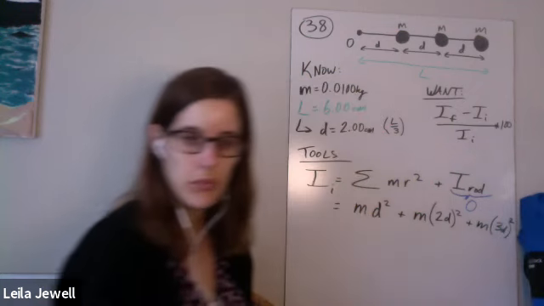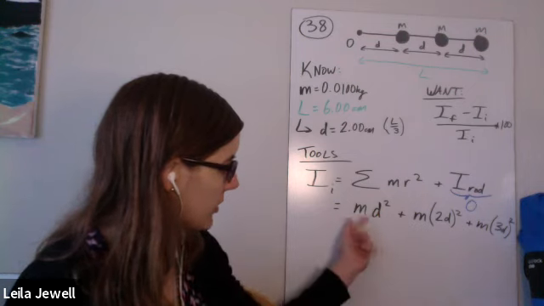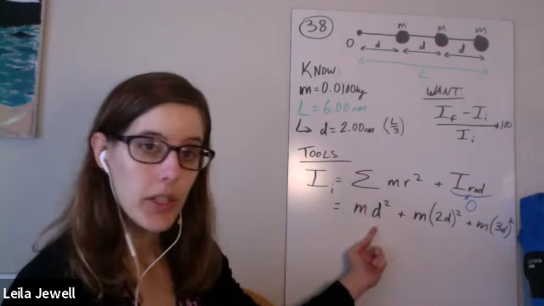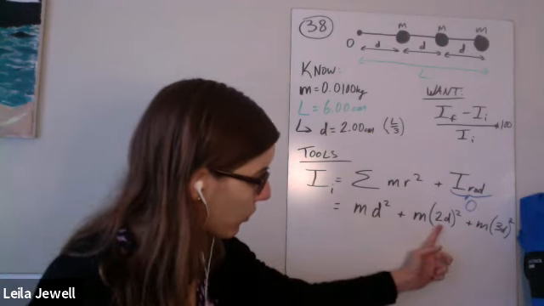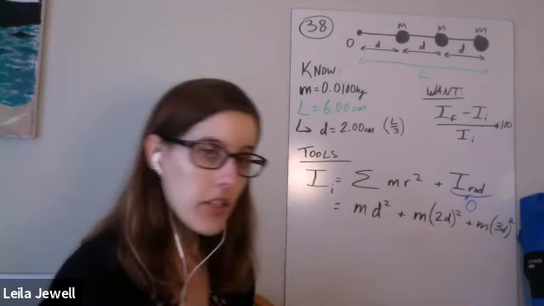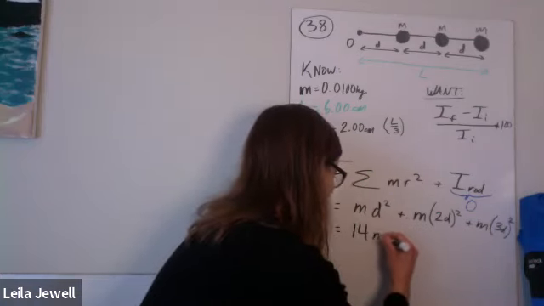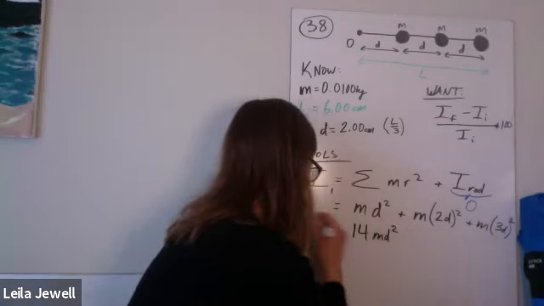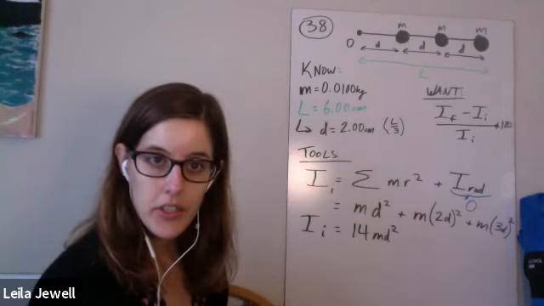I'm going to work in terms of d so that they're all in terms of d. Now we notice that all of them have this md squared term in it, and we can just add the numbers in front. So we have 1 plus 4 plus 9. So that comes out to 14. And that is our total rotational inertia in the initial case.